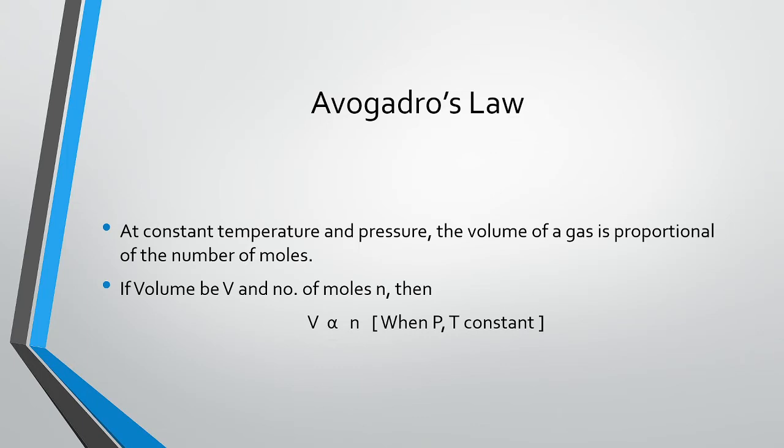The Avogadro number you have already read in many topics about Avogadro's law, and you have solved many mathematical problems during your secondary examination. So Avogadro's law is like this: at constant temperature and pressure.